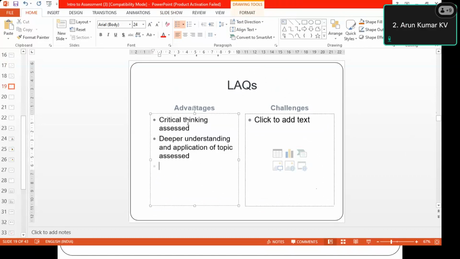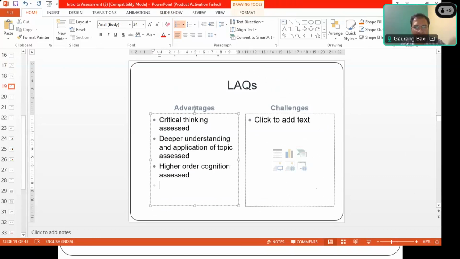Sir, can assess the higher order cognitive skills. So all these three points are essentially the same: critical thinking, deeper understanding, higher order cognition. Ultimately, these are all the same points. Yes.